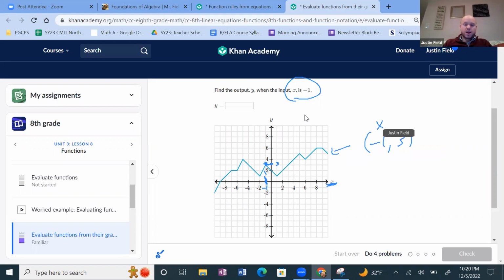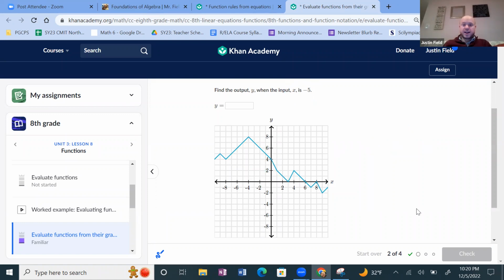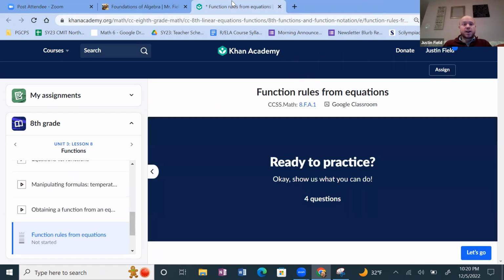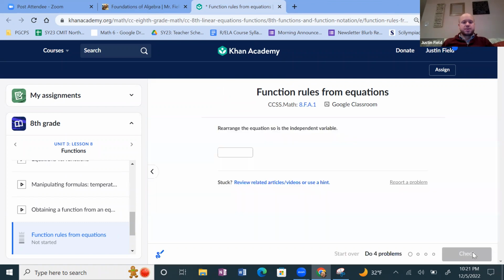That means when the input is -1, the output is 3. I really like this annotation. Give that one a try, and there's also a related Algebra 1 assignment called functions from their graphs that you can try in the Algebra 1 section if you like. All right, function rules from equations.